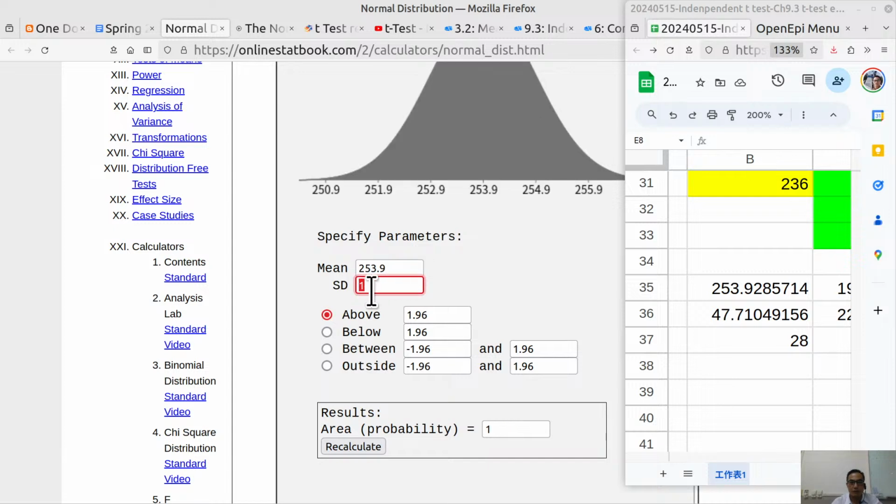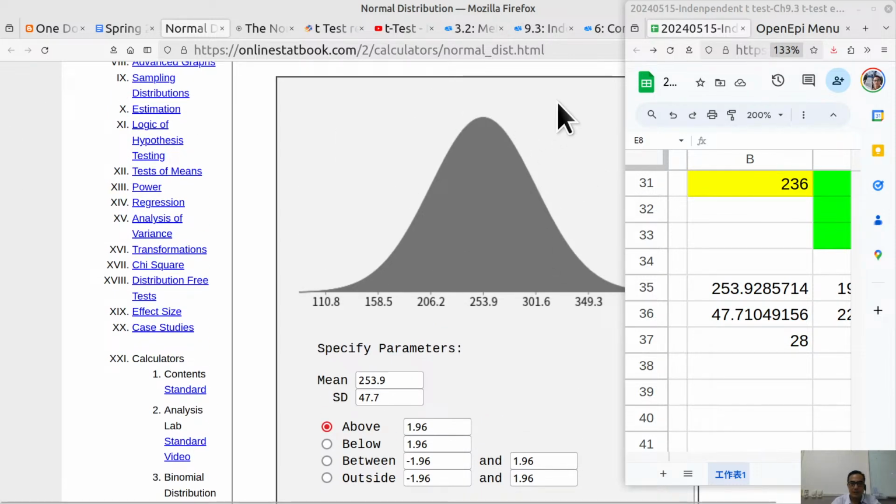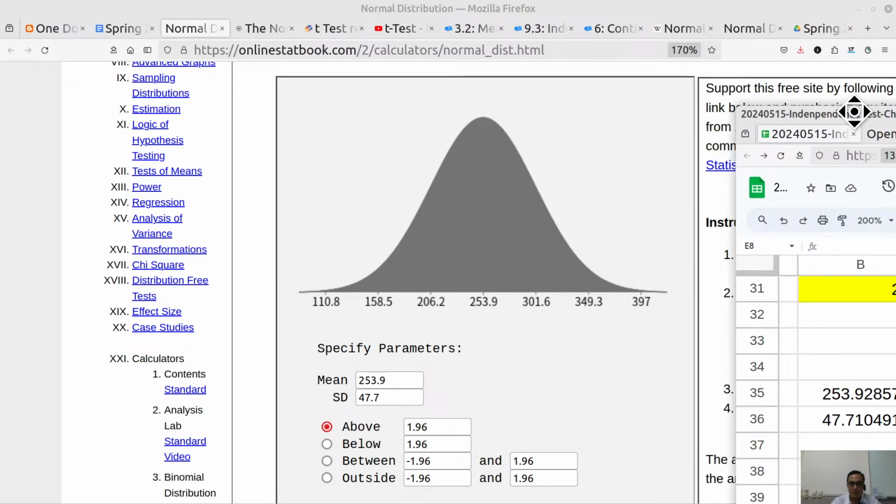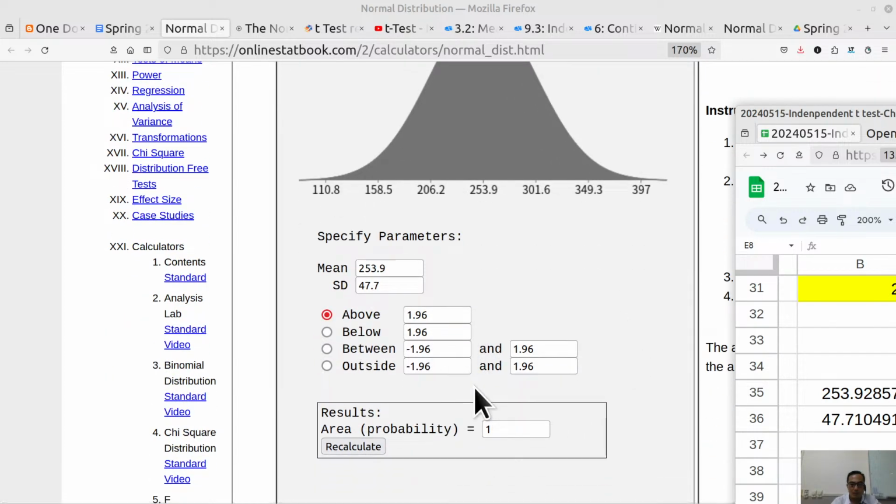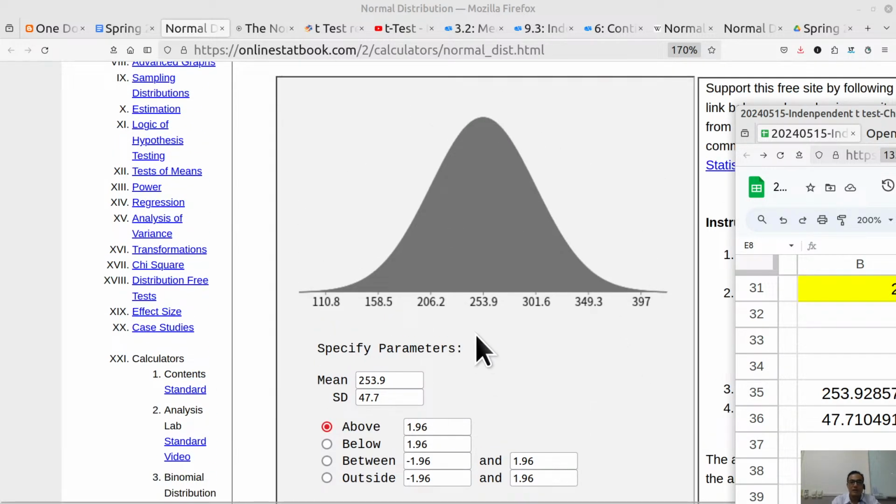Standard deviation is 47.7. Then we can see the cholesterol in the center, that is 253.9, and plus 1 standard deviation, that is 47.7, will be here. That is 301.6, plus 2 standard deviation, that will be 349.3, like this.